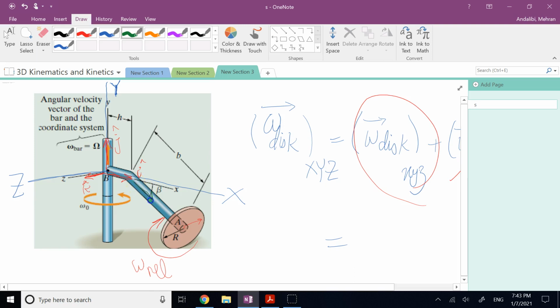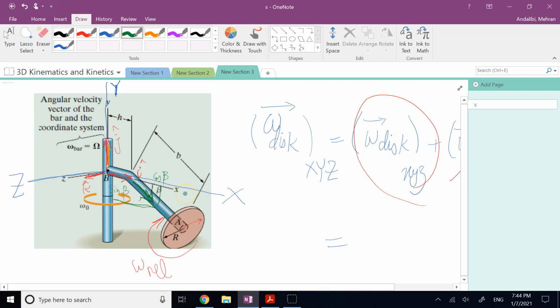This unit vector can be projected on the x-axis and on the negative y-axis. And the angle of that is beta. So this component on the x-axis is cosine beta. This component on the y-axis is sine beta, although negative.